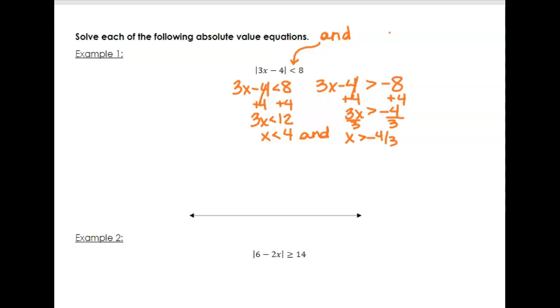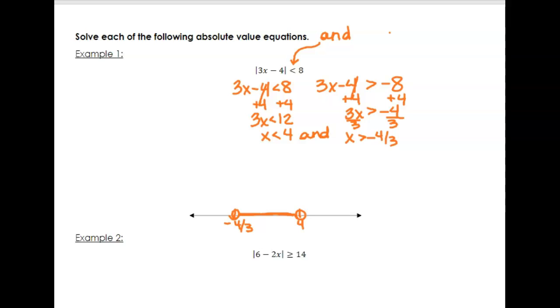So I have my two inequalities. If I graph them, the negative goes on the left, the positive goes on the right. Both of them are open points. And because it's an and inequality, I shade in the middle. So there's my solution set.